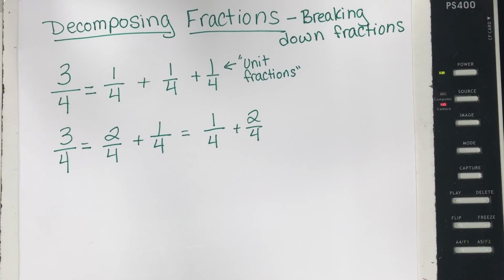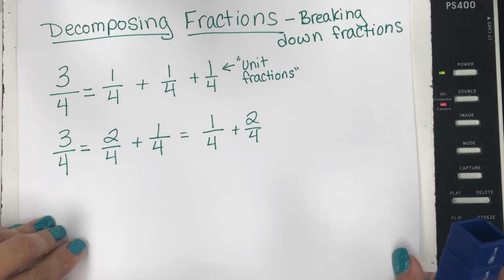Now, when you have something like fourths or 3/4, there's not a whole lot of combinations you could make. But when you get into fractions that have more pieces, like tenths or twelfths or even eighths, you start to have more options. So I'm going to go ahead and get out some eighths.